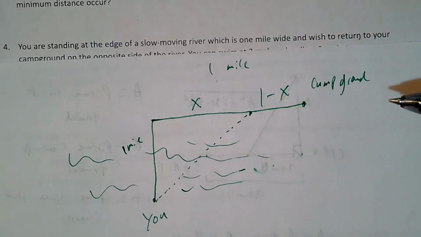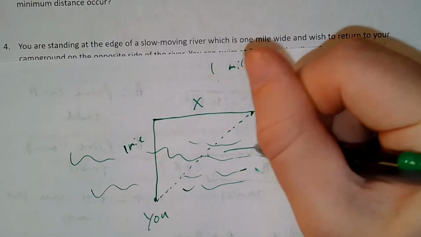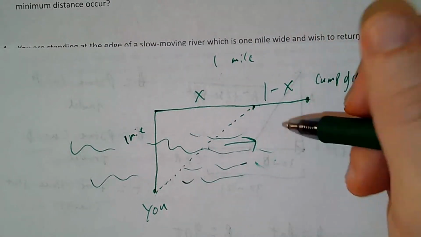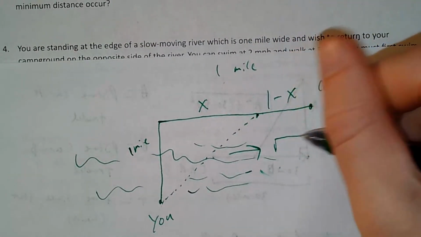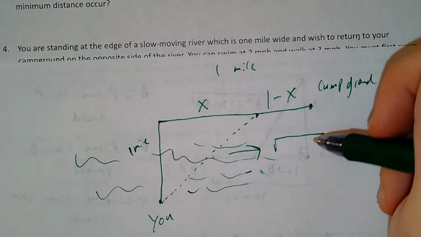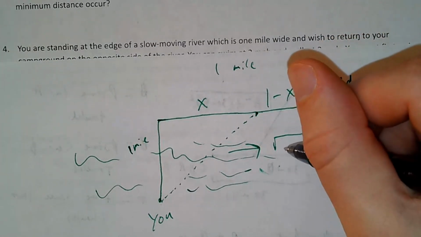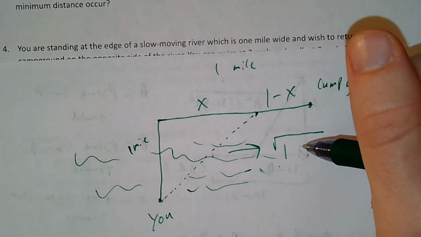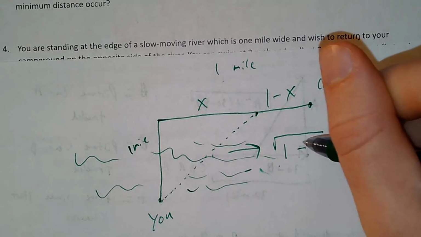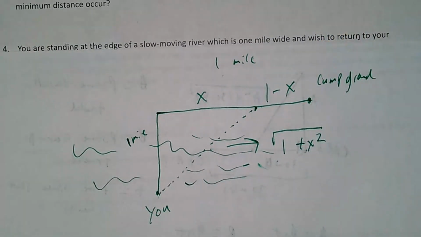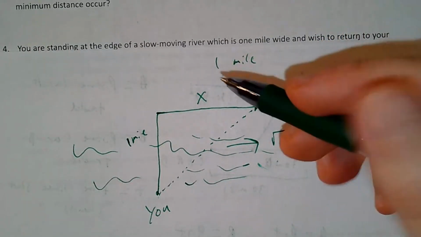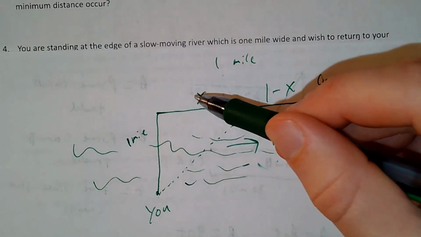Which, again, is the Pythagorean theorem. That means this section must be the square root of 1 squared plus x squared, so that's the square root of 1 plus x squared.